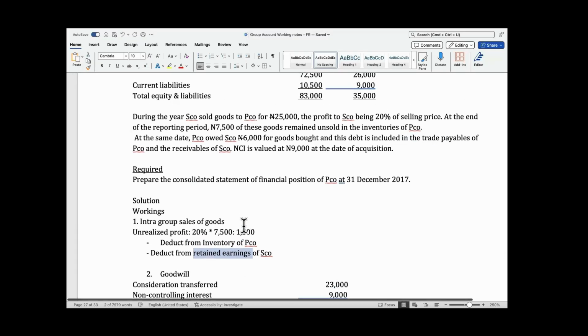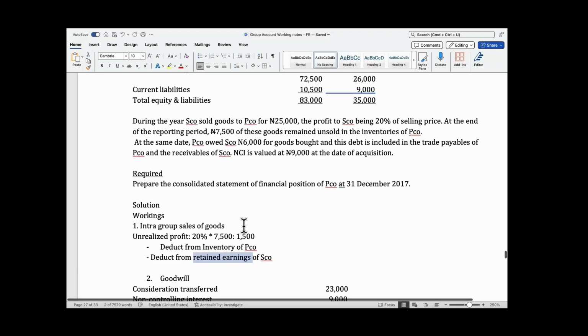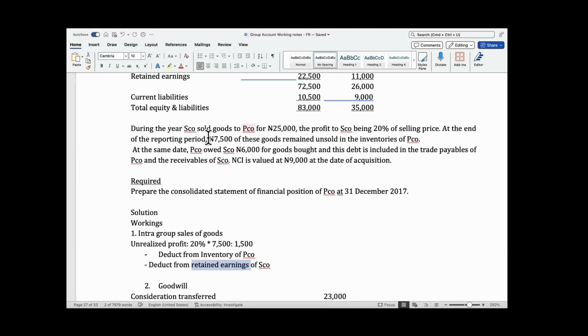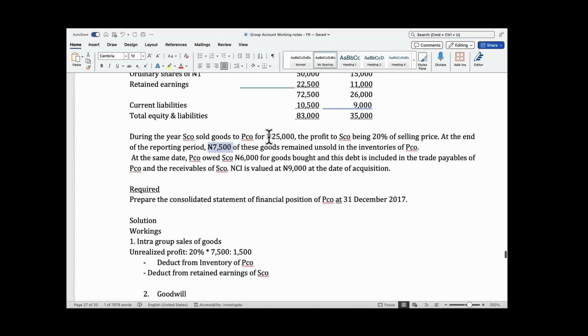The way you calculate the unrealized profit is you calculate the profit loading on any unsold goods. So even though they consummated 25,000 of transactions between themselves, only 7,500 remain within the group. So the unrealized profit is to the extent of what has not been sold out, because that's the one that is unrealized.